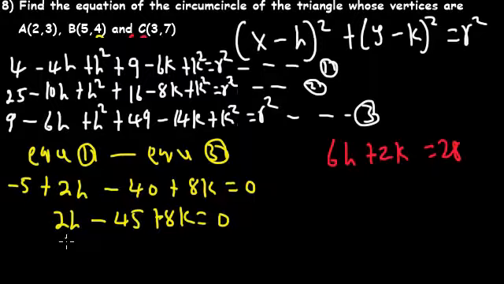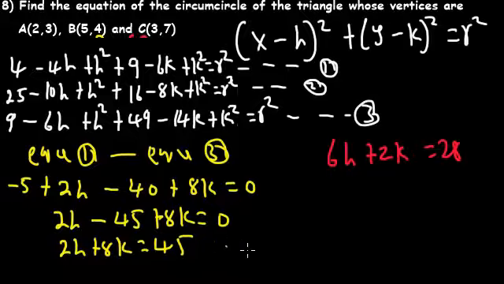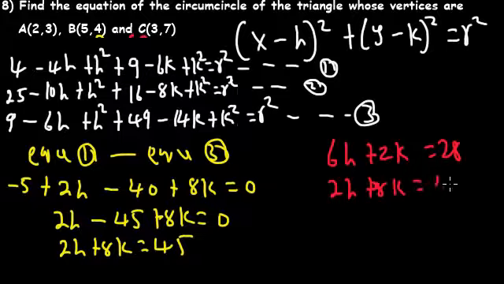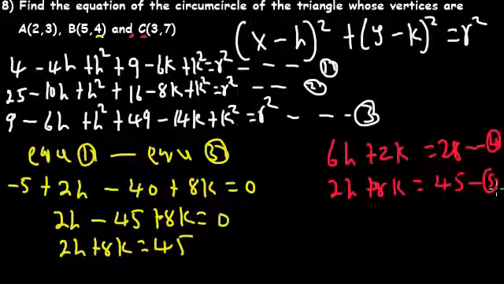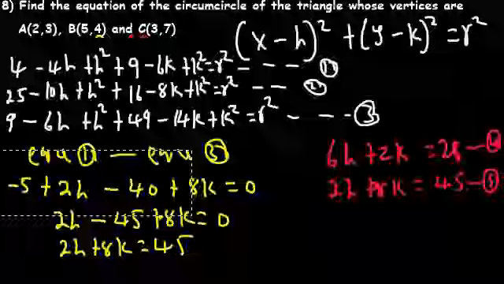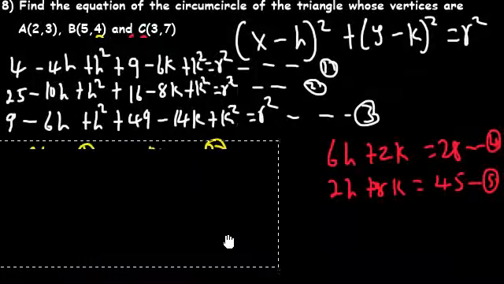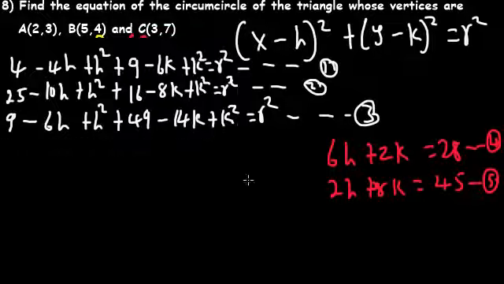So we have 2h plus 8k equals 45. So let's put it here: 2h plus 8k equals 45. So equation 4, equation 5. Very good. Now that we have two equations in two unknowns, we can solve them simultaneously.